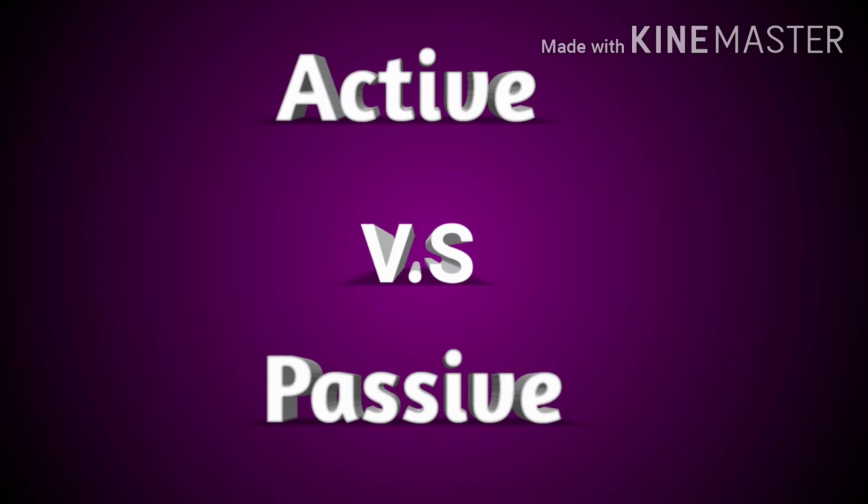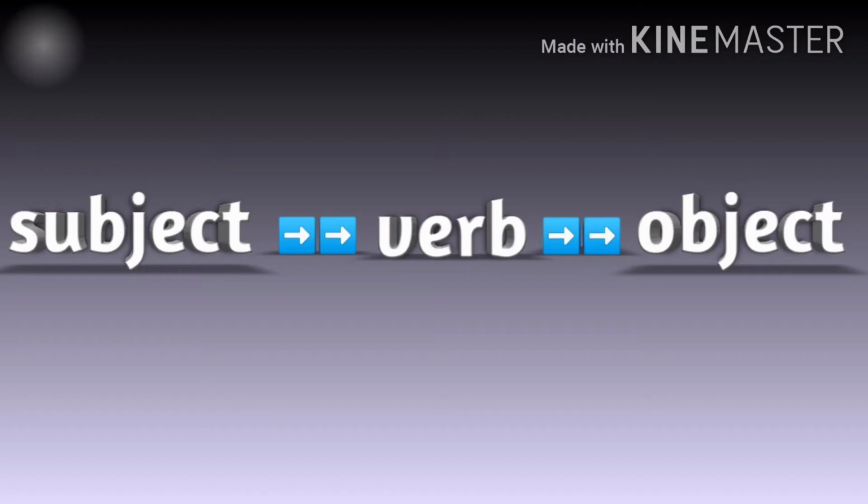To start with, let us take the format of an active voice sentence. In this format, we have the subject, which is followed by the verb or the action, which is then followed by the object.